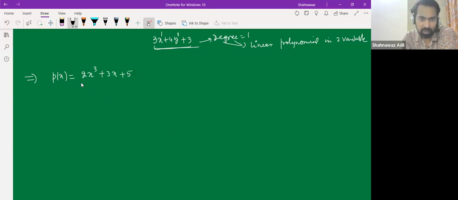And I want to have the solution of this polynomial. So what I do is I equate this polynomial to 0, right? Up to this point, this was a polynomial. And as soon as I equate it with 0, it will change to an equation.